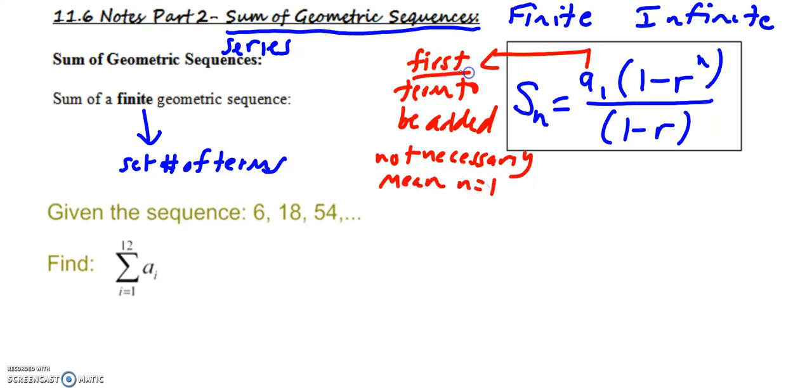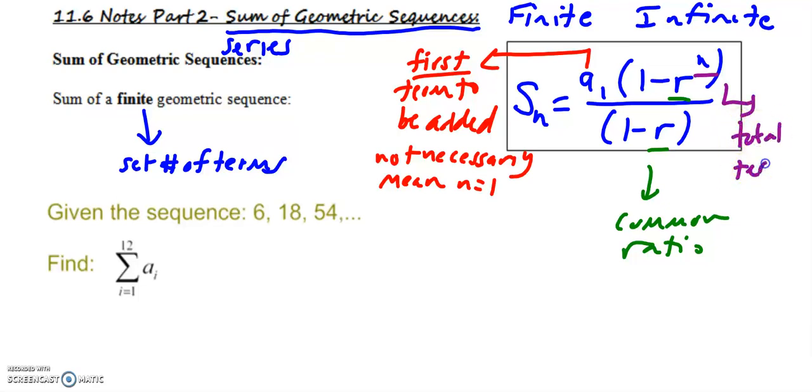It represents that the first term, you could start at 5, you could start at 7, but that is the first term. The r still represents your common ratio, so it's important in all of these problems still to find that at the beginning. n represents the total terms added.